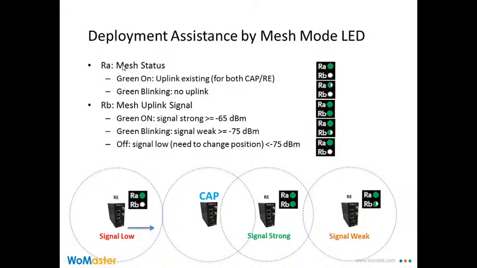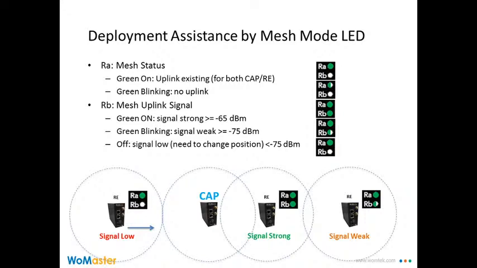If RA is green on, it means the uplink exists, for both the CAP and RE. And if RA is green blinking, it means there is no uplink in this WA512GM.